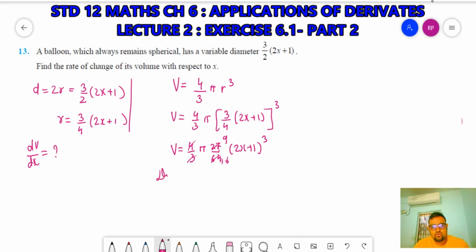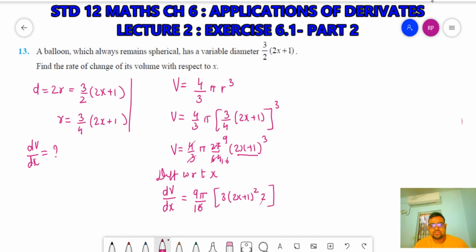So now differentiating with respect to x, dV by dx is equal to 9 pi by 16 as it is. Now the derivative of this: if it were x, then x cube gives 3x square. So here it will be 3 into 2x plus 1 whole square into d by dx of 2x plus 1, that is 2.